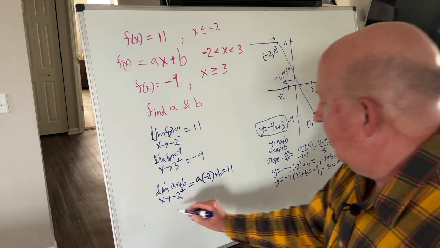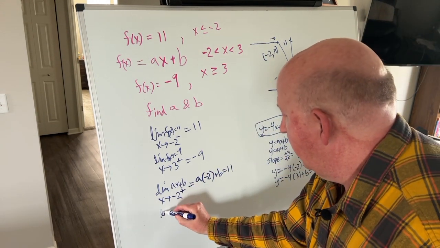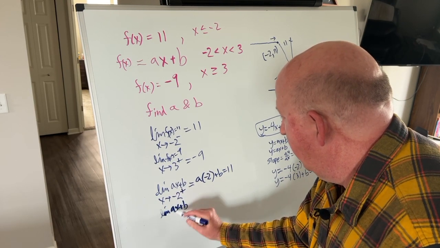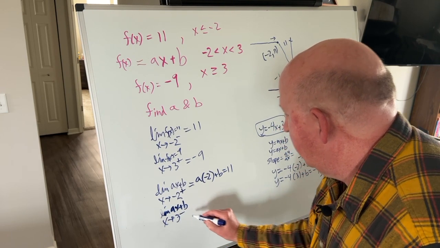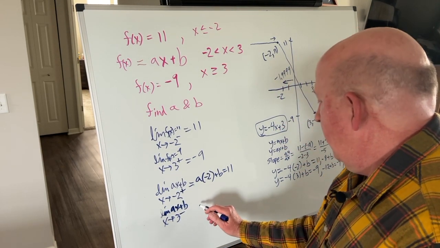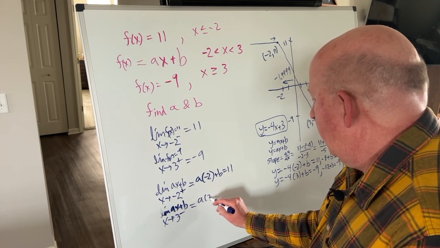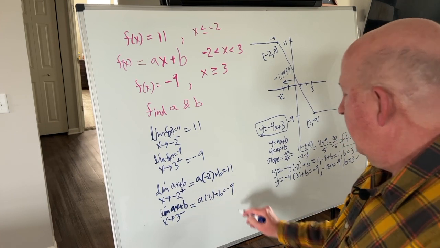And then the same with the other part, the 3. The limit of ax plus b, where x approaches 3 from the left side, equals a times 3 plus b equals negative 9.